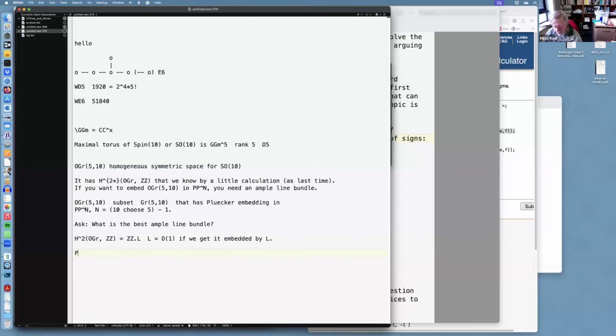And the problem is that it's not invariant under SO10.